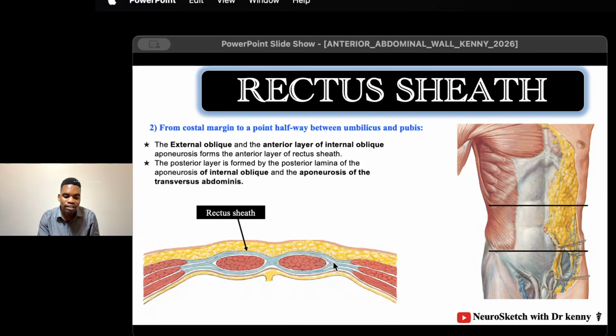The anterior lamina joins the aponeurosis of the external oblique to form the anterior layer of the rectus sheath. But the posterior lamina of the internal oblique joins the aponeurosis of the transversus abdominis to form the posterior layer of the rectus sheath at this region. Very, very important.